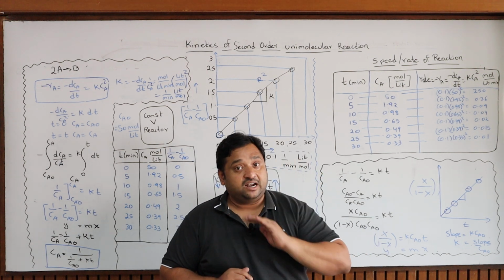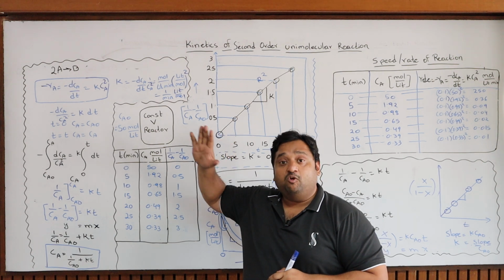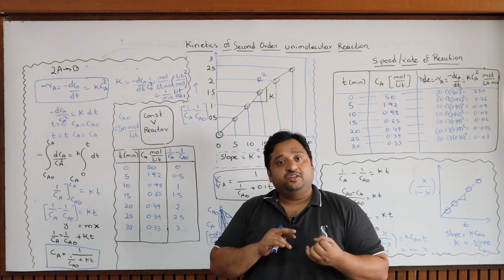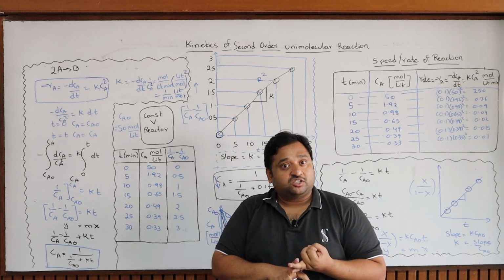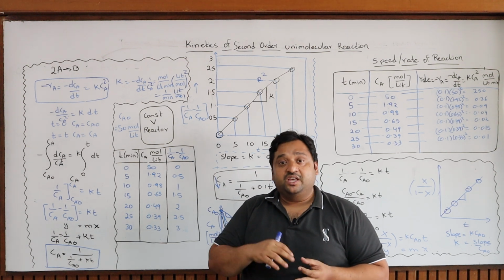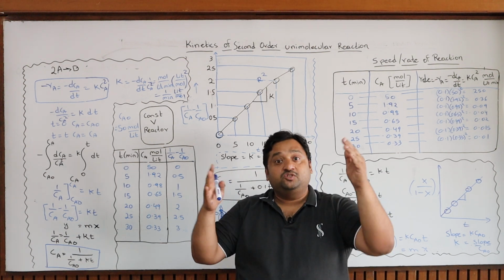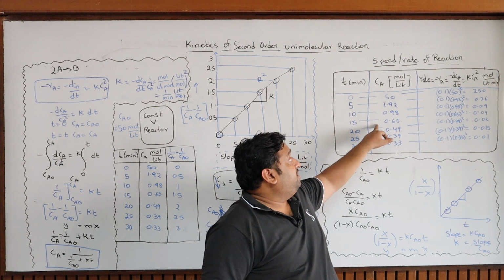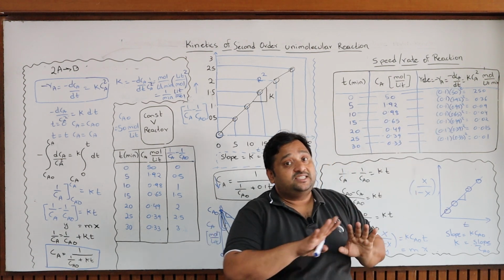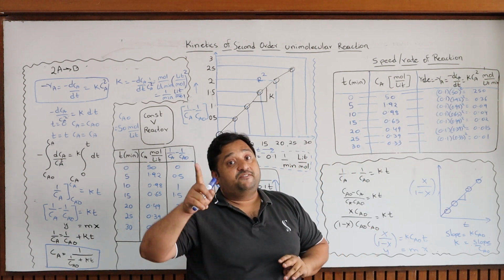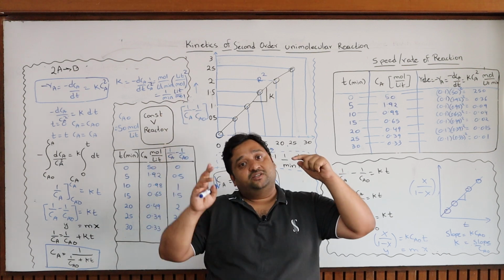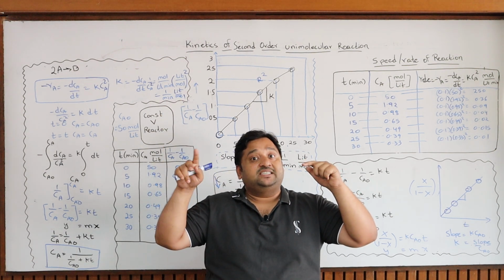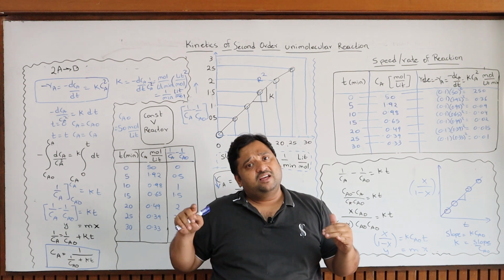Hope you understand how we are proceeding. We have seen zero order speeds, first order speeds, and second order speeds. Zero order speed means whatever the concentration may be, there won't be any change in the speed. First order means first order dependency: the more the concentration, the more the speed, that is Kca; the less the concentration, the less the speed.